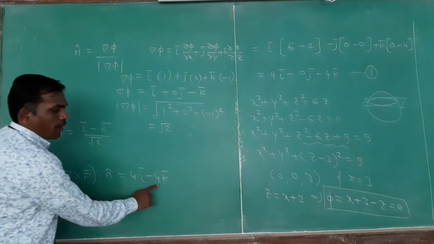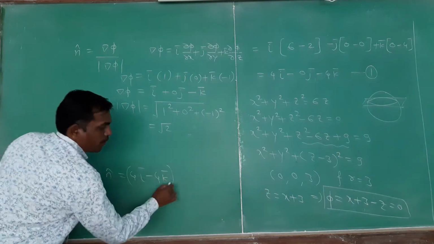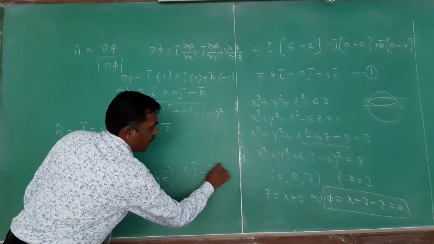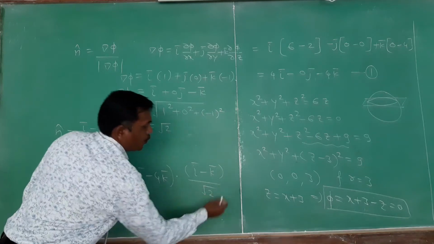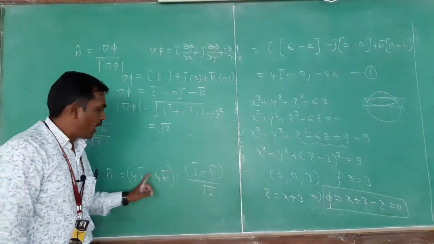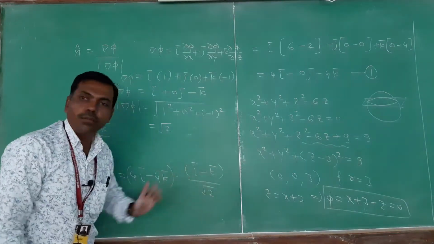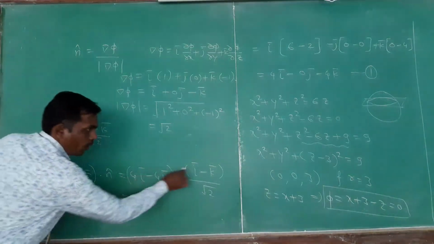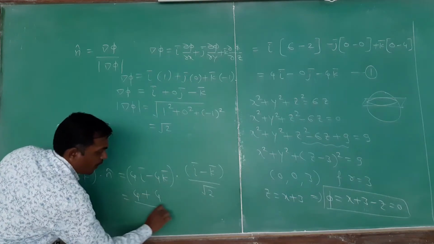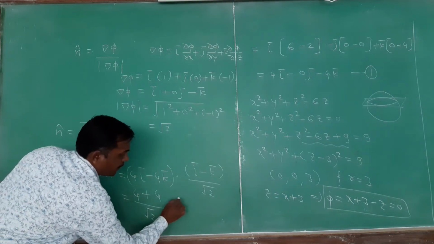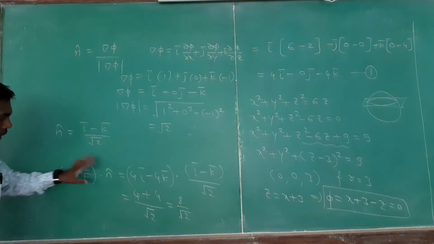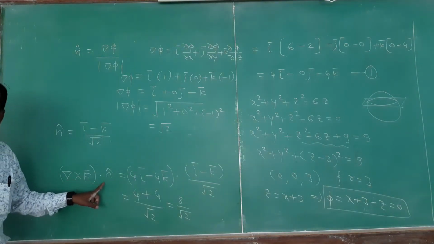So (4 i bar minus 4 k bar) dot product with (i bar minus k bar) upon root 2. We know how to take a dot product: i bar dot i bar is 1, k bar dot k bar is 1. So here 4 plus 4 upon root 2. So our answer is 8 upon root 2. This is the value of del cross f bar dot n cap.